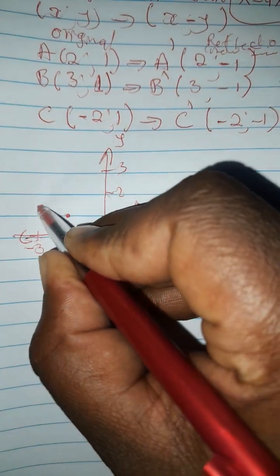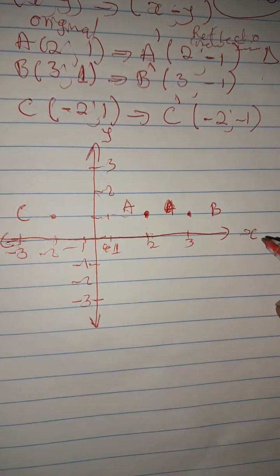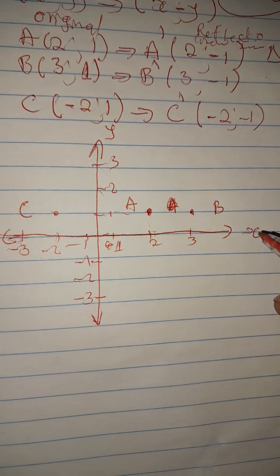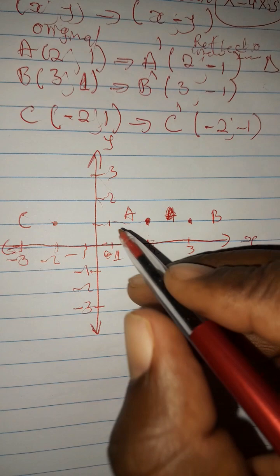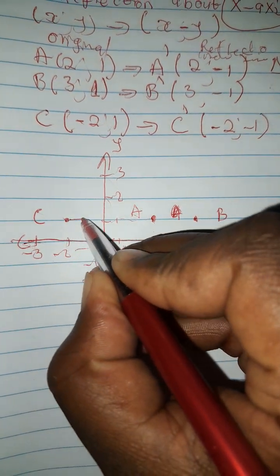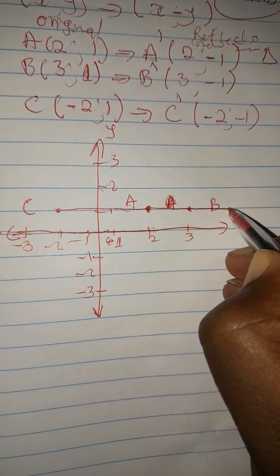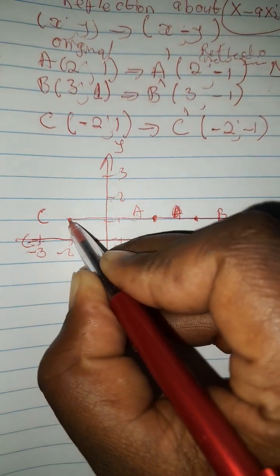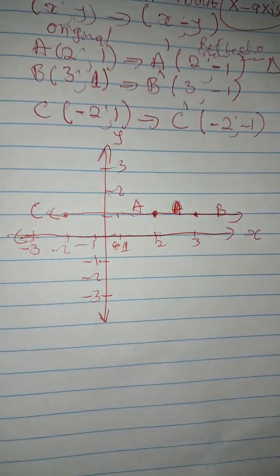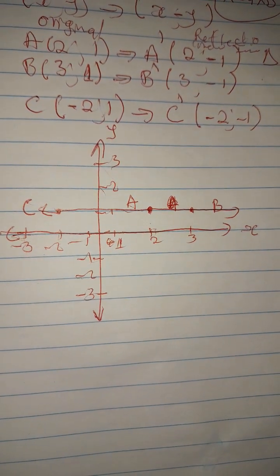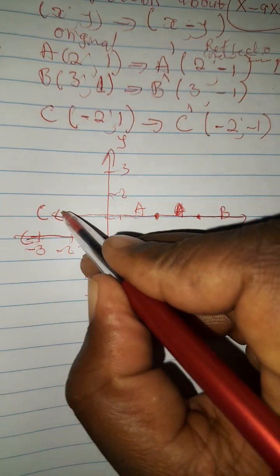That is our C. All right. If we were to sketch this, let's join. It forms a straight line. You cannot say it forms a triangle. It does not form a triangle. It's a line.